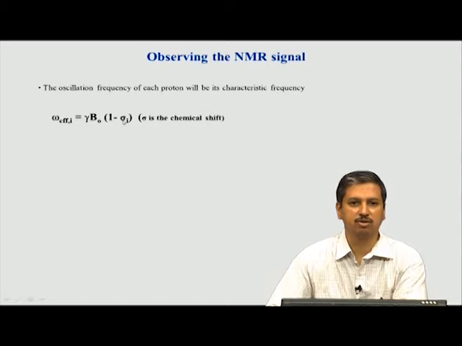If sigma is 0, then omega is equal to gamma into B0, but many spins have the concept of chemical shift, which is a parameter that deviates the effective magnetic field from B0. That means the spins do not all experience the same field. Let us say you take a molecule like ethanol.